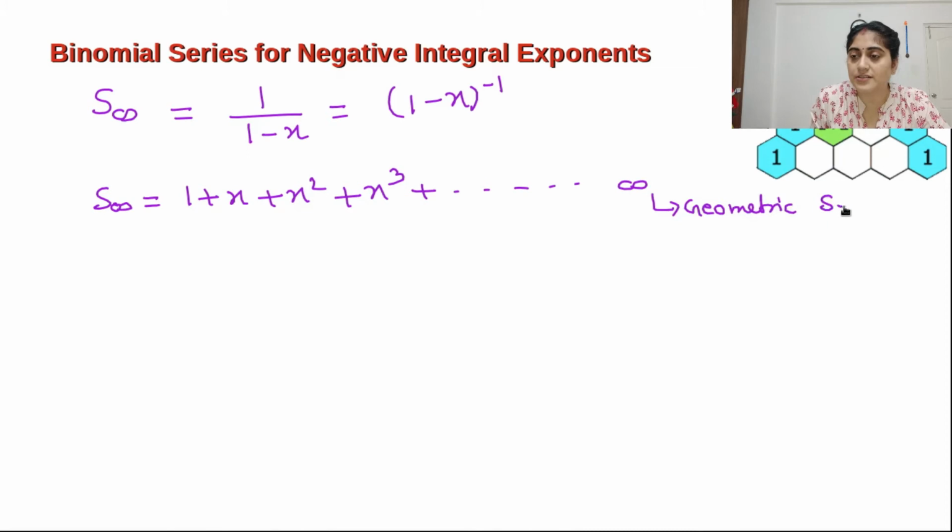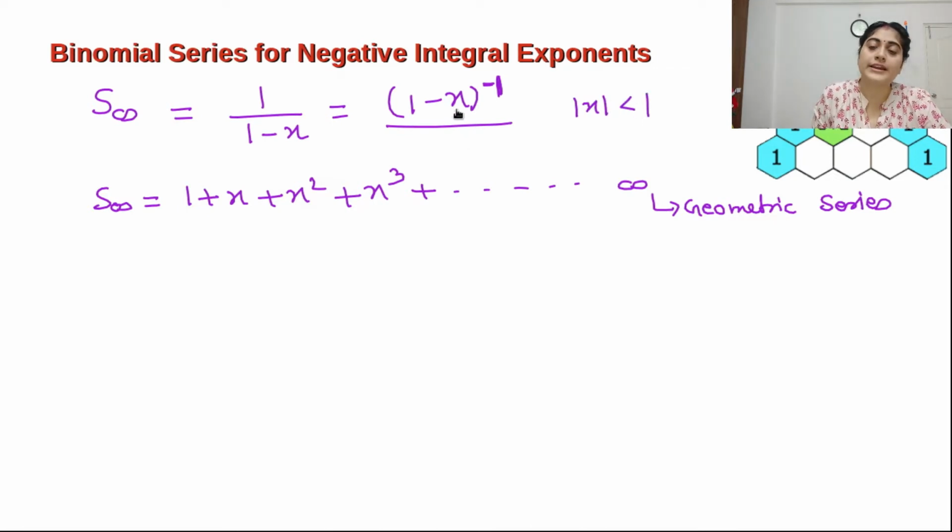So it is the expansion of this value, 1 minus x to the power of minus 1 only. Now in this equation it is told that mod of x should be less than 1.